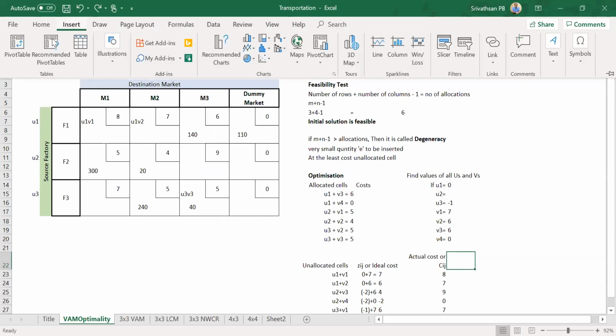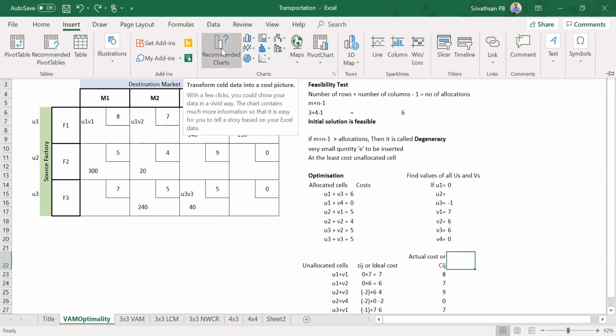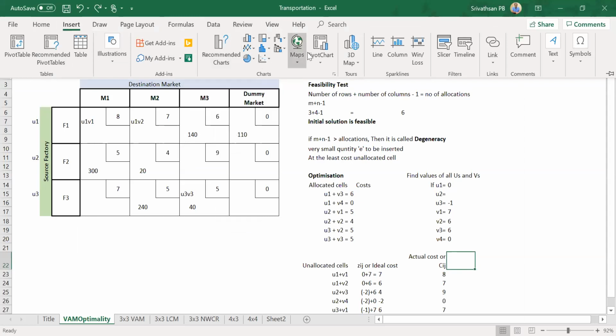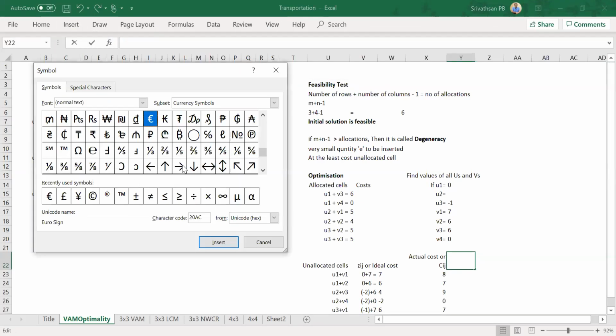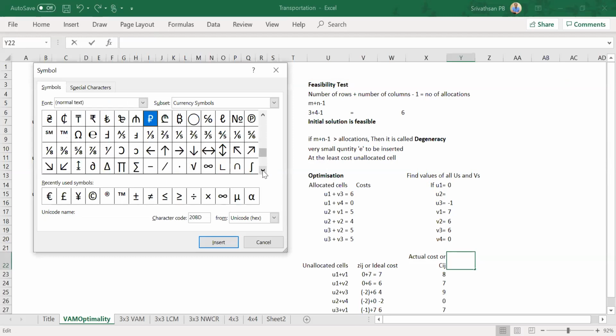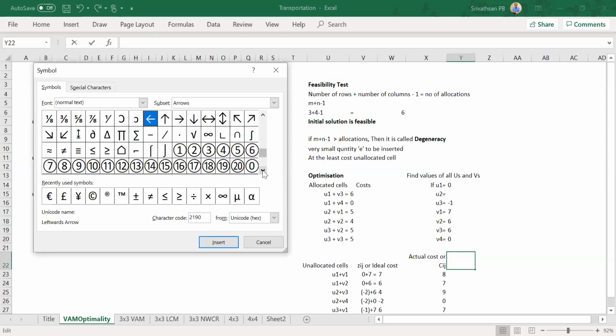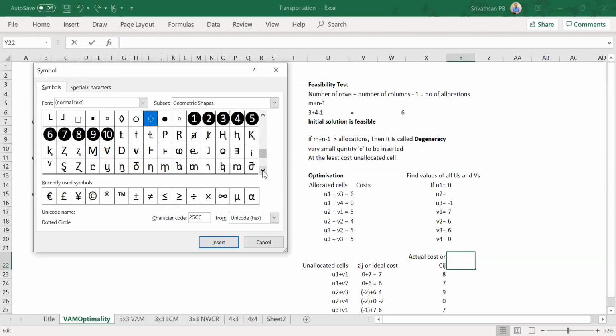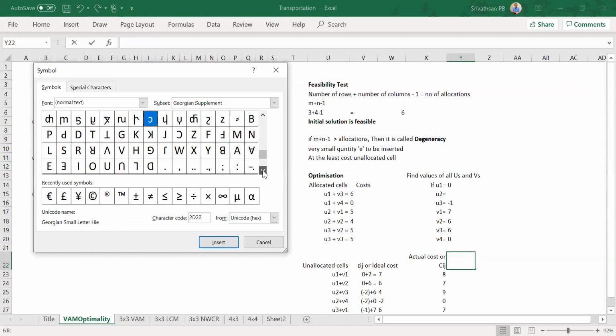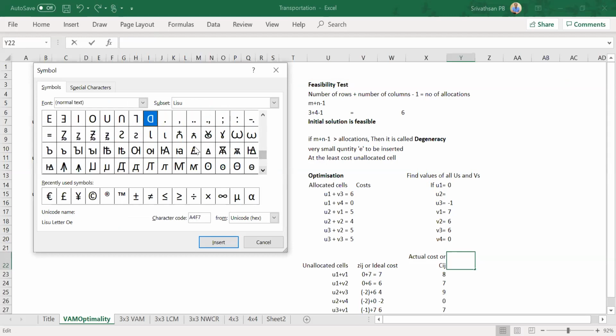We used to have shapes here, charts, pivots, 3Ds. We need to insert a triangle symbol to show delta, del ij.